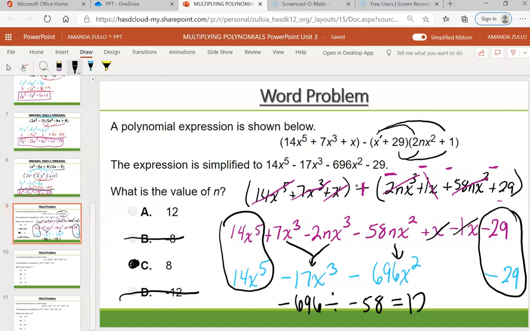So, I'm sorry, that should be 12. So if you were to substitute 12 in for n, you'd have 7x to the third minus 2 times 12x to the third. 7x to the third minus 24x to the third gives you a negative 17.